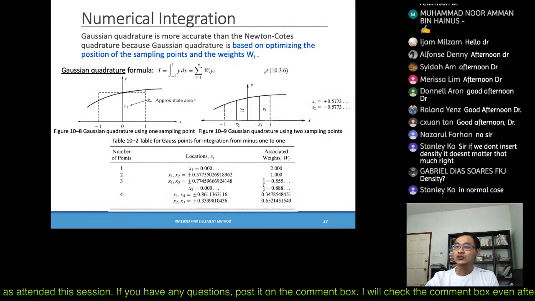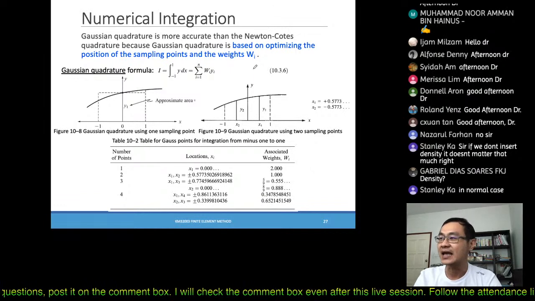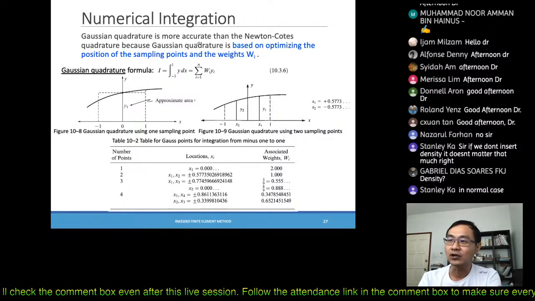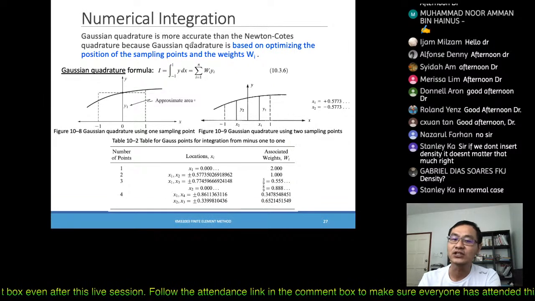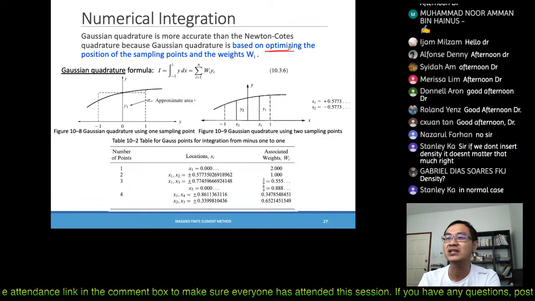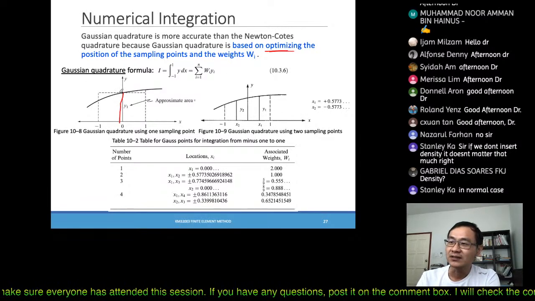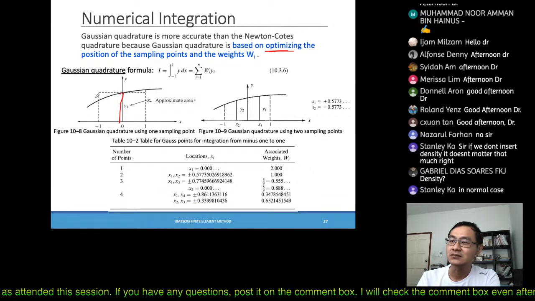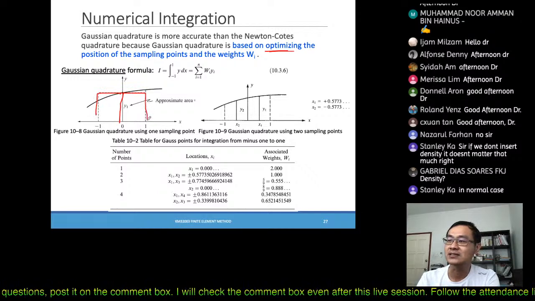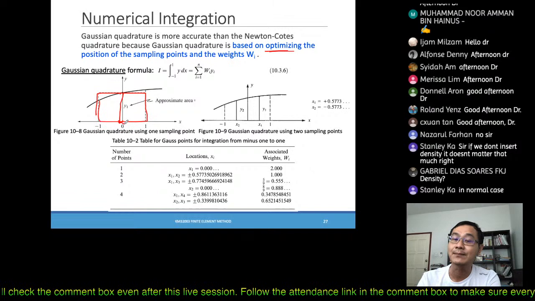Then the Gaussian quadrature formulas are actually more accurate than the Newton Cotes formulations, because they are based on what they call optimized positions, which is at the midpoint. So we can use the midpoint to approximate this particular area, using one single sampling point.